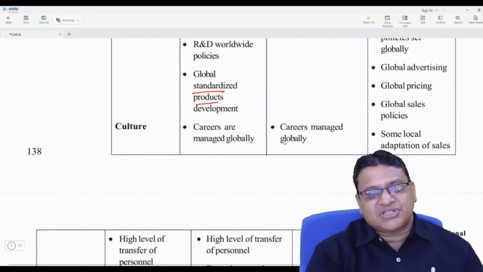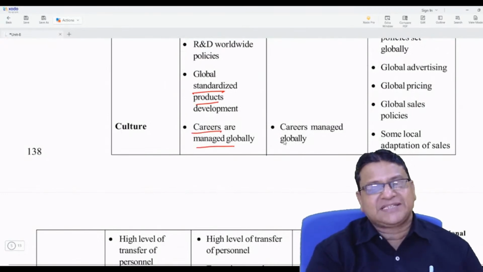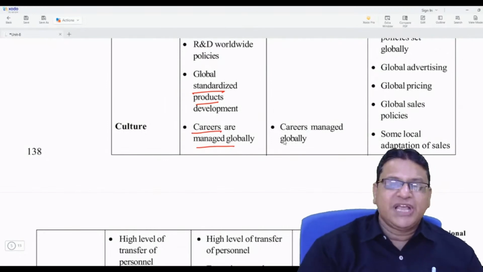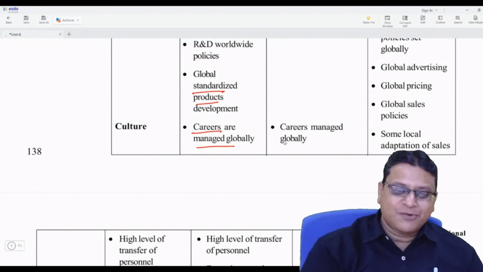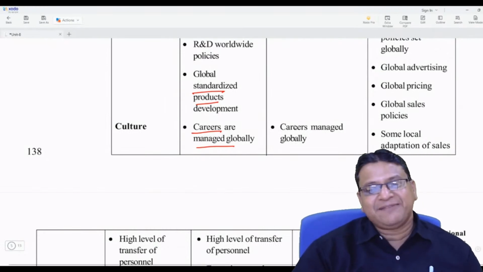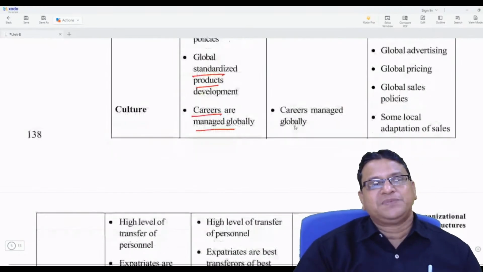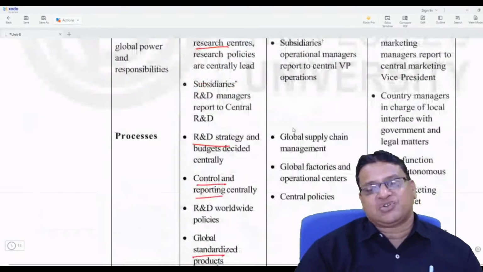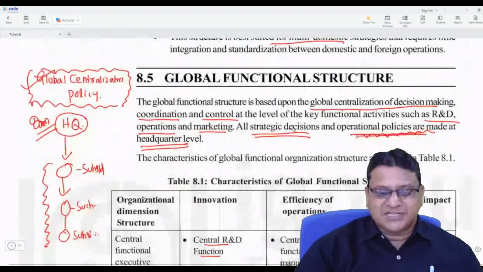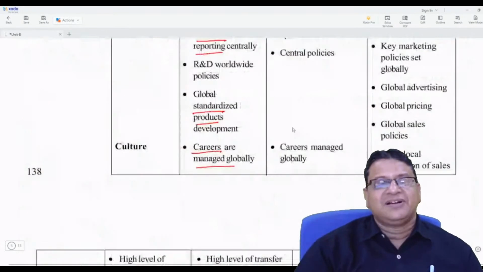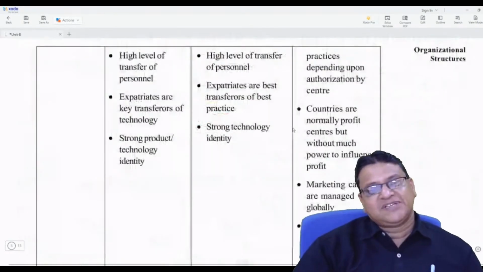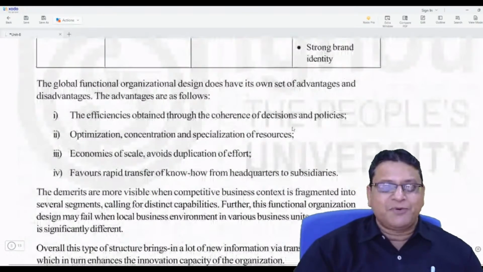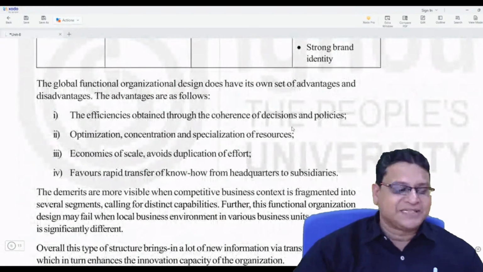The careers of the employees are managed centrally. Everything is managed with the help of headquarters. So headquarters dictate each and every function of the agency. This is global functional structure. This policy has certain merits.